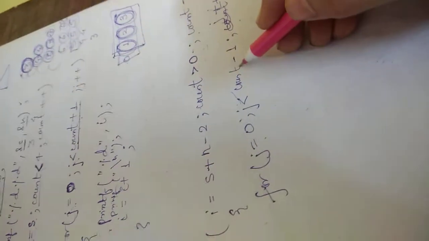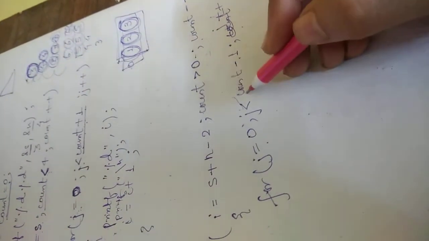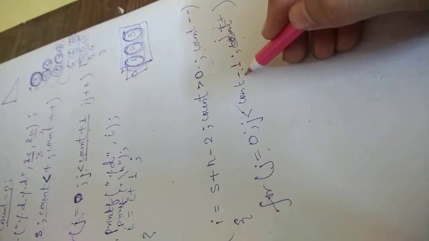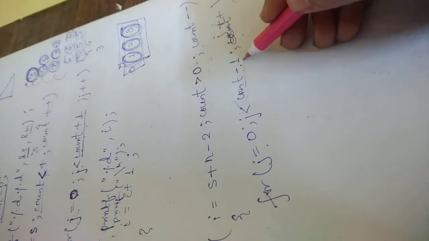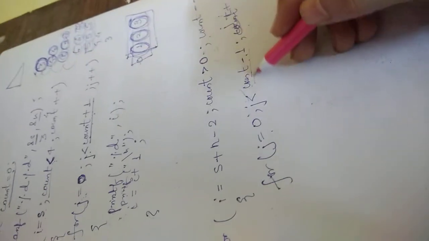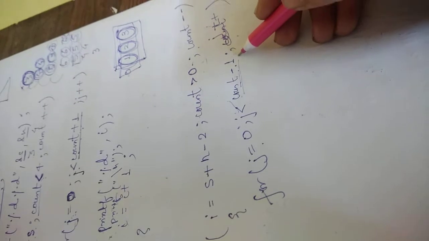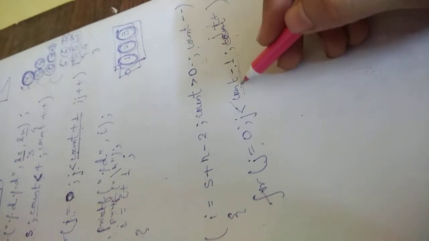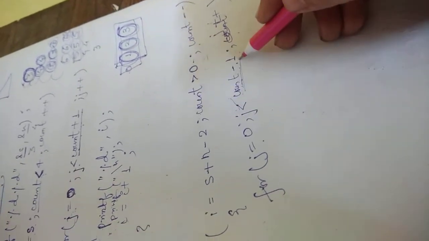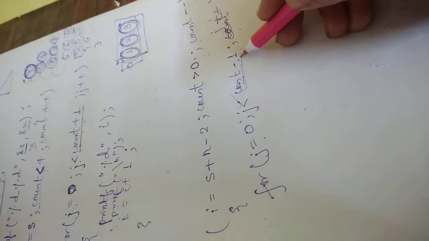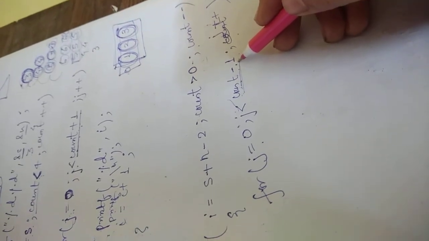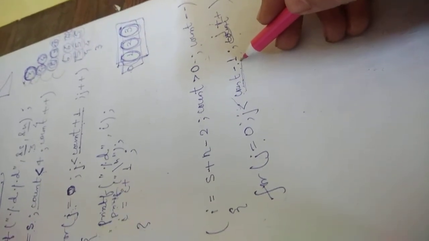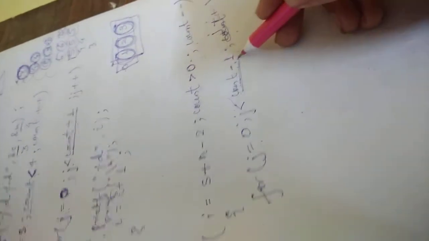Why? Because the value was 0. It will go till count minus 1. If it goes till 3, no, it will not go till 3 because count minus 1. So 3 minus 1 is 2. Is that the way it will go?